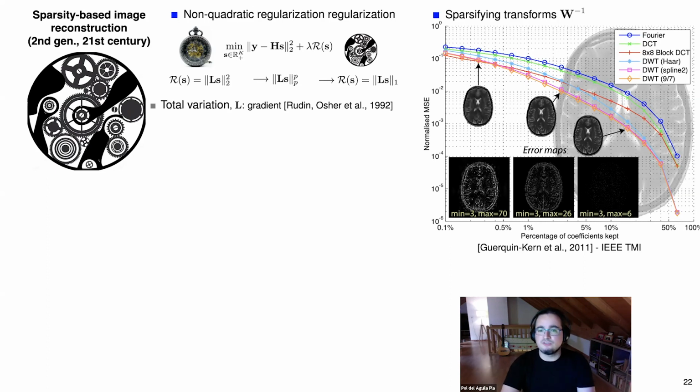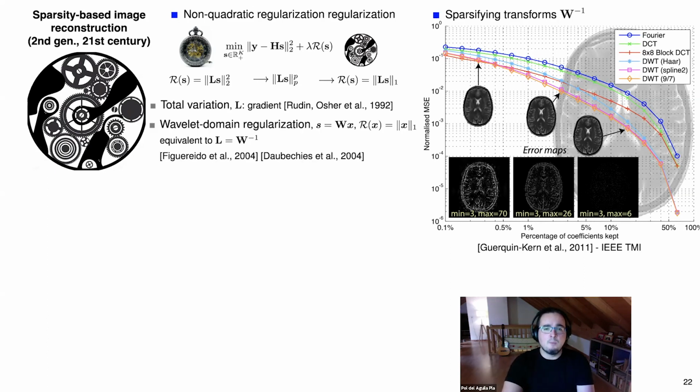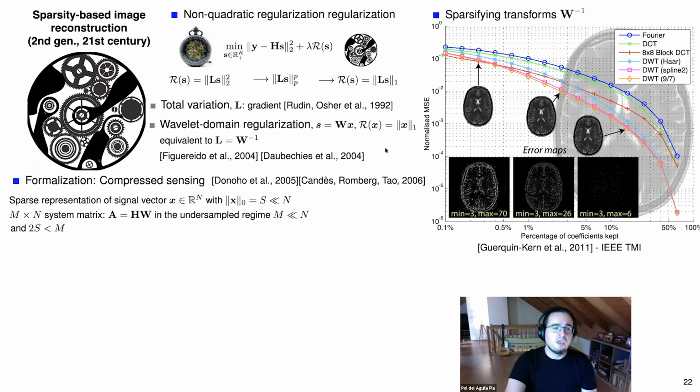By relying on those transforms, we can design more principled regularization schemes in which we say: if natural images are sparsified by these transforms, we should be looking for a signal that can be expressed with respect to this transform with a sparse vector. And then we penalize the one norm of this vector that we want to be sparse.